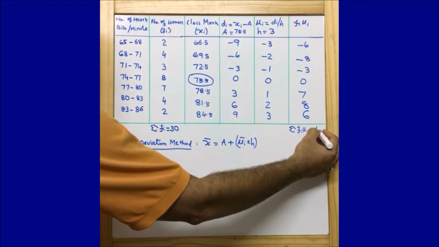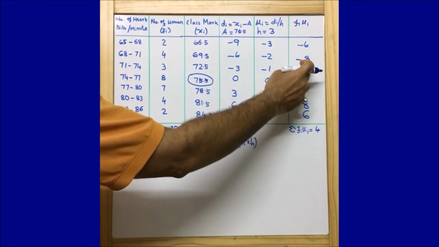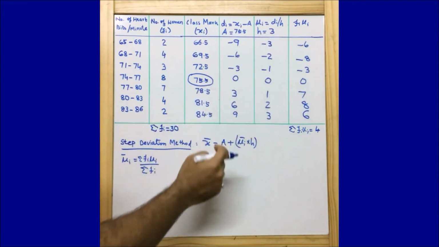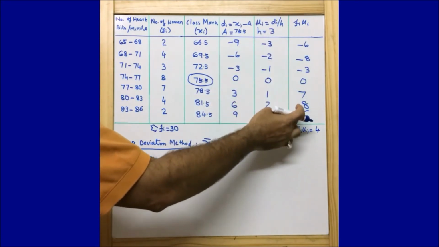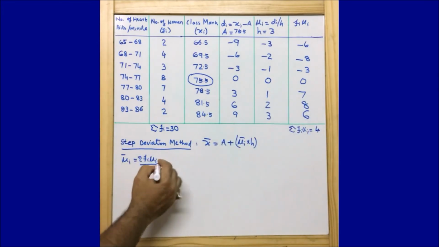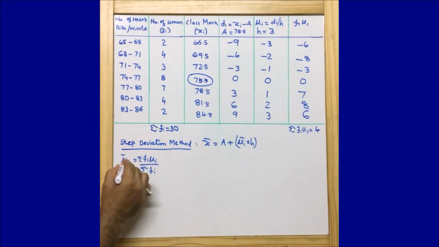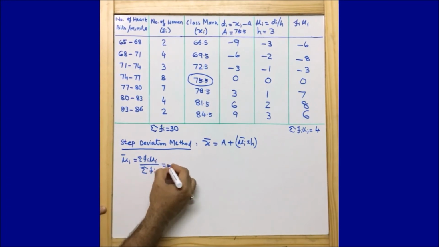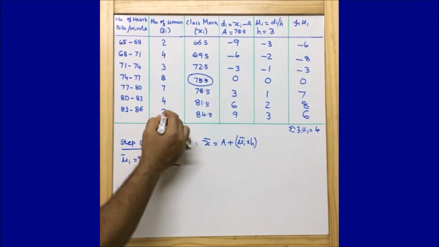So the summation is positive 4, because the negatives, 8, 3, 11, 11 plus 6, make minus 17, and the positives, 8, 6, 14, and 7, make 21, so 21 minus 17 gives plus 4. So we can write mean of ui is equal to summation of fi ui by summation of fi, that is equal to 4 by 30.